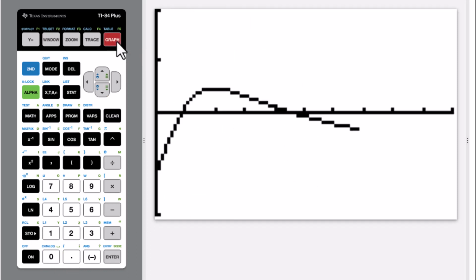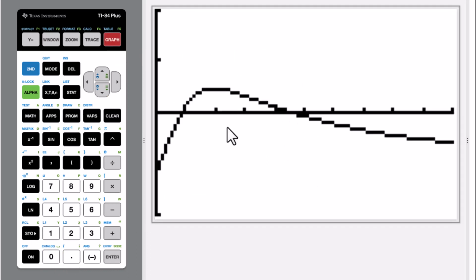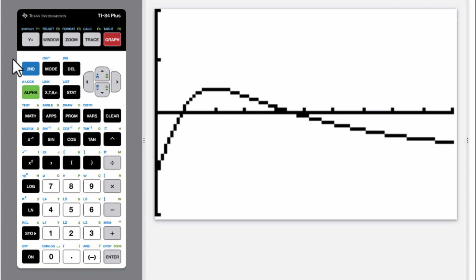Graph again. The solution will be the graph above the x-axis. We need to figure out these two x-intercepts. The solution will be between these two x-intercepts.